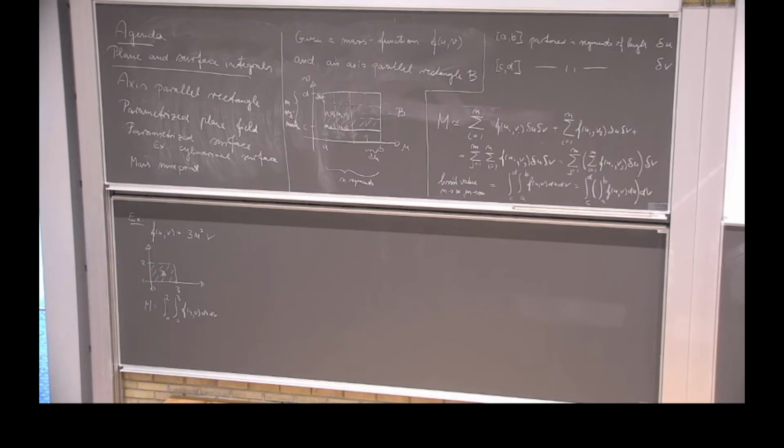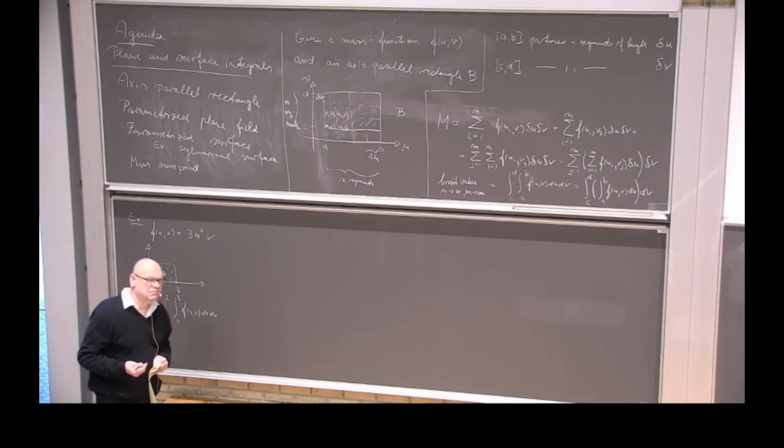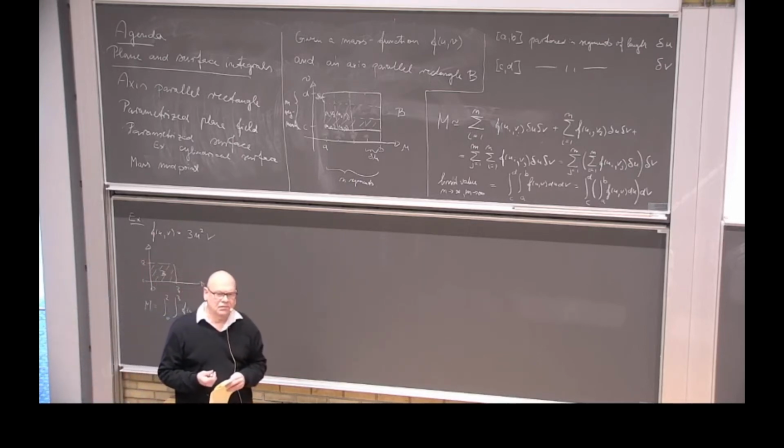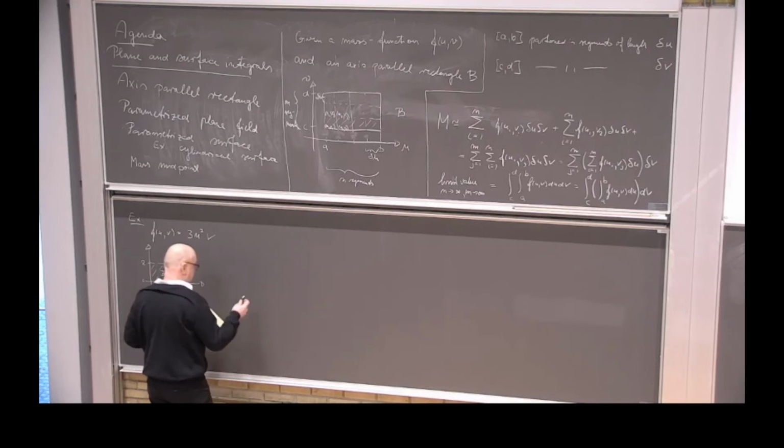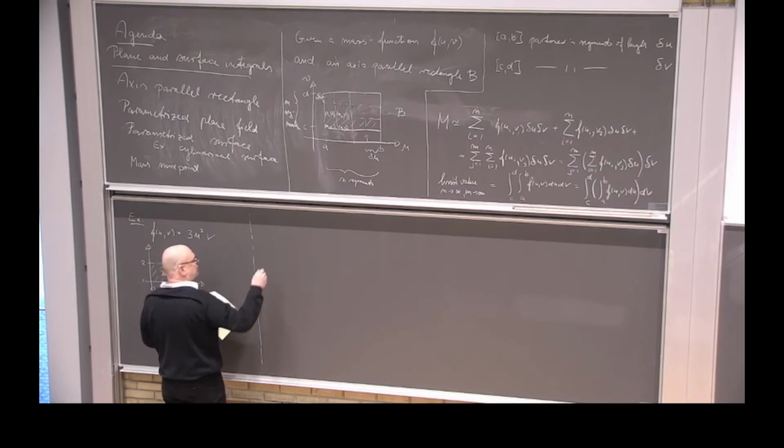And we did that the last time by taking the limit of the double sum. And I did that in Maple. And I found that the result was 54. So let's see if we can do this by ordinary integration.